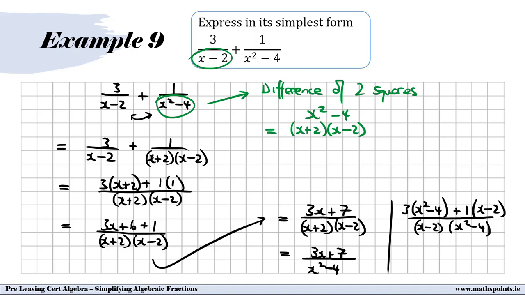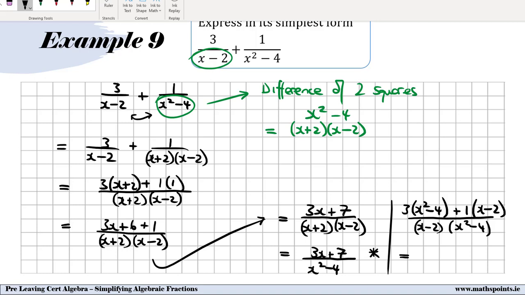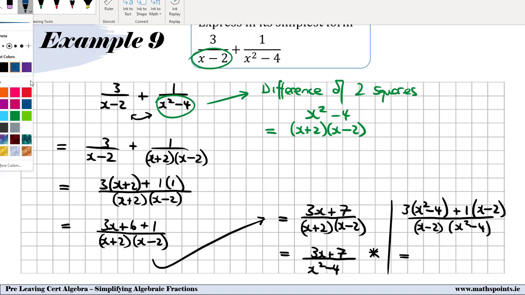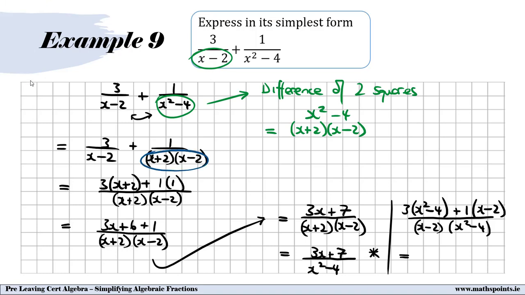And if you multiply all this out, it will actually simplify to 3x plus 7 over x squared minus 4. So it's a useful exercise if people wanted to go and give that a go and get to the same answer. But a lot simpler in this example to spot that the lowest common denominator is actually just the denominator of one of the fractions, and it makes it a little bit easier in terms of the multiplication and the simplification at the end.